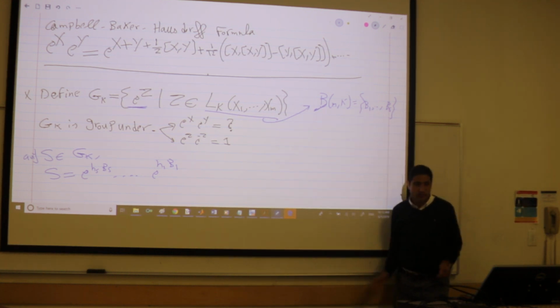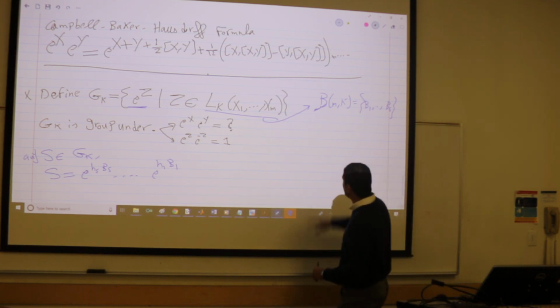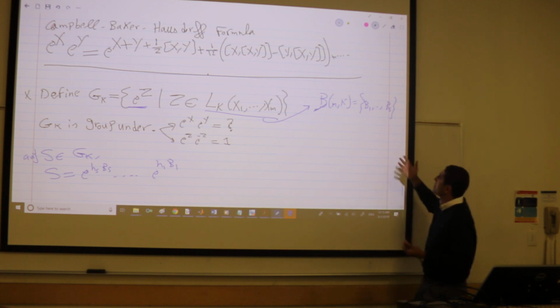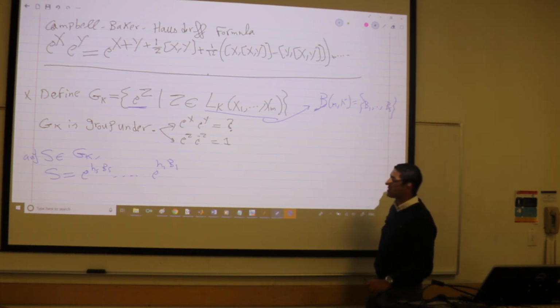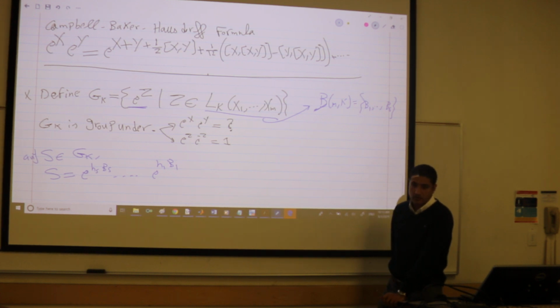If it's a feasible point, then it can be constructed by flows along these Lie brackets and the Hall basis. Any question about that?